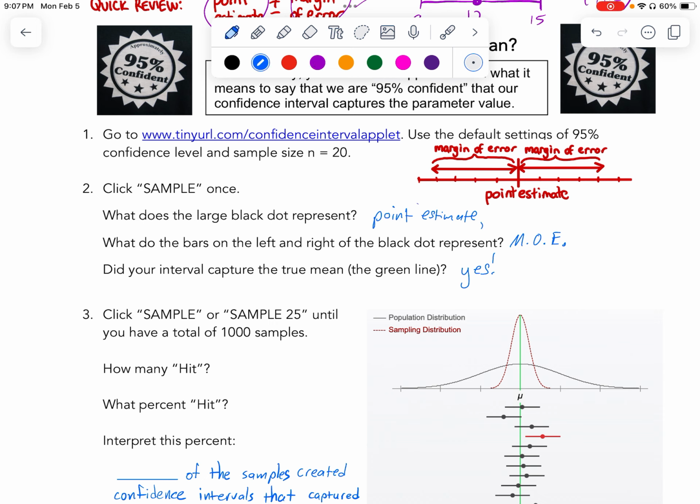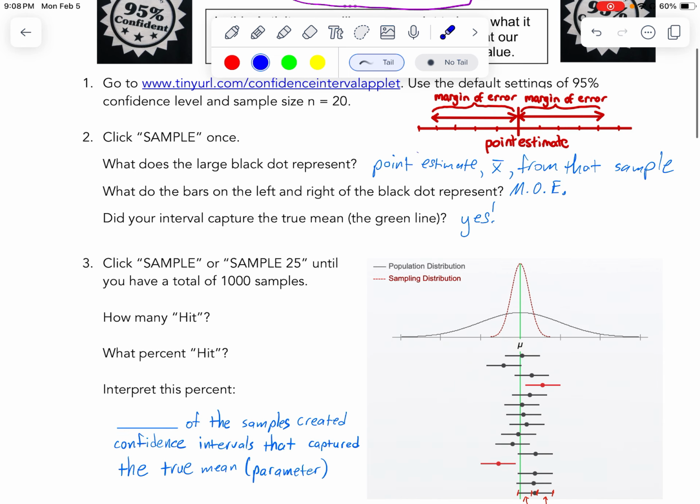The point estimate, or X bar, from that sample. And then the margin of error is how long each bar is going either way, on the left and the right of the black dot.